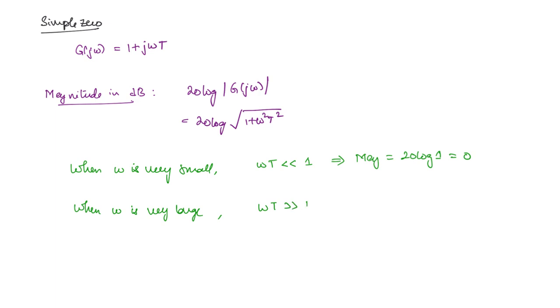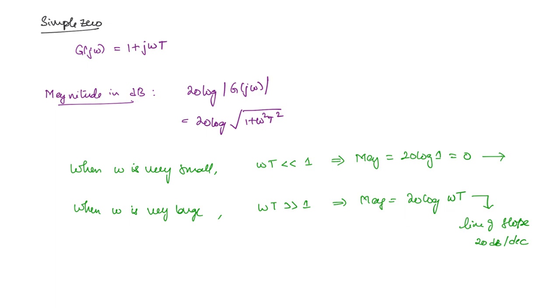Omega t will be much greater than 1, and in this case the magnitude is going to be equal to 20 log root over omega square t square, which is going to give you 20 log omega t. Okay. So this is a constant line, 0 magnitude, and this is a line of what is the slope here? It is 20 dB per decade, plus 20 dB per decade. Okay. So now we can say that for small frequencies 0 dB will be the magnitude, and for large frequency 20 log omega t will be the magnitude.